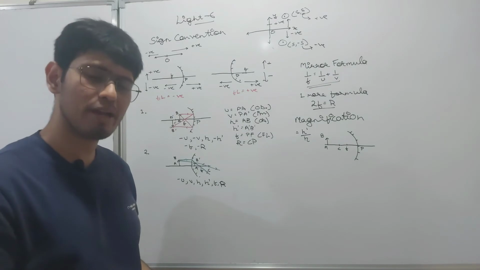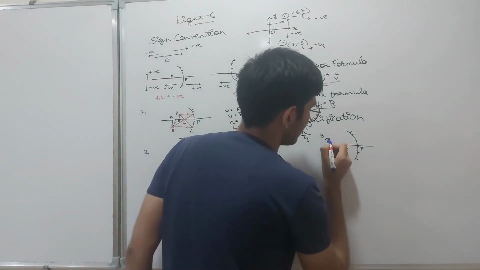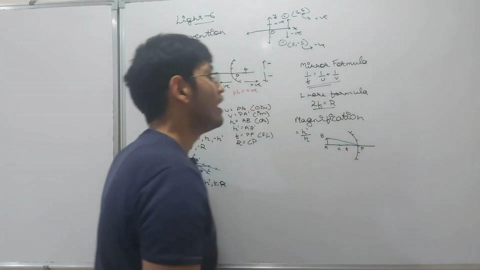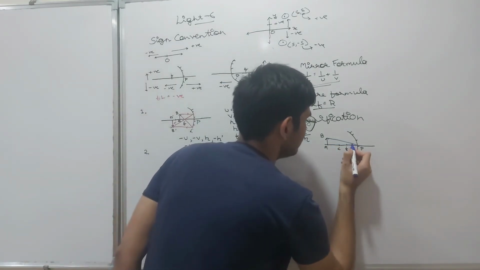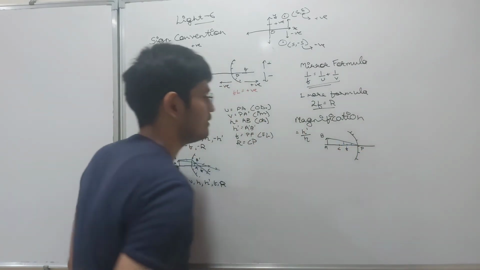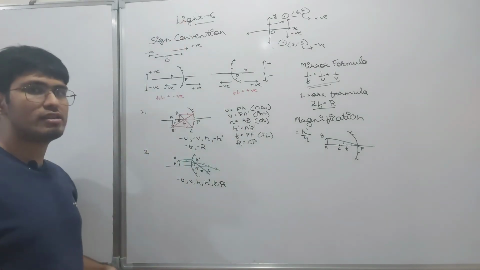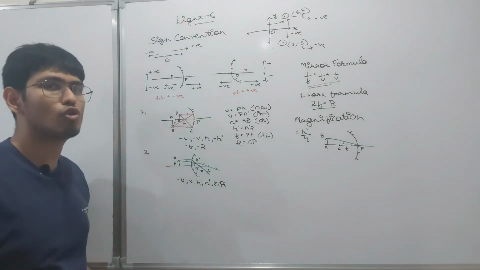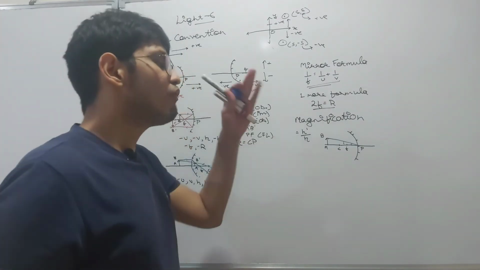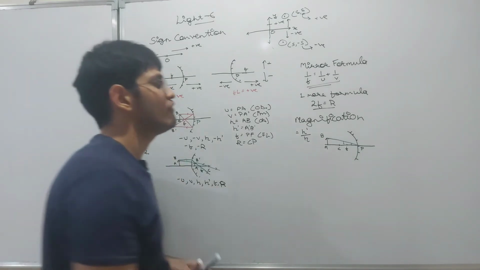You can extend this line to the pole, and suppose this angle is angle I, the angle of incidence. For reflection, the angle of incidence is always equal to the angle of reflection.